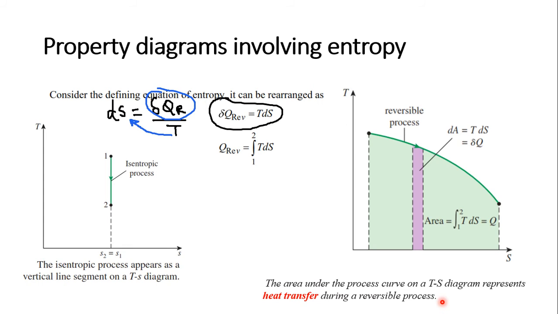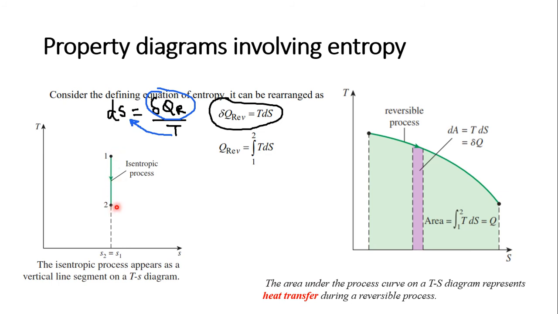Very important conclusion. Now if you consider a TS diagram and draw a vertical line, point 1 can be anywhere. Here it is shown that point 1 is on the top side, point 2 is on the bottom side, and the process is from 1 to 2 in the downward direction.